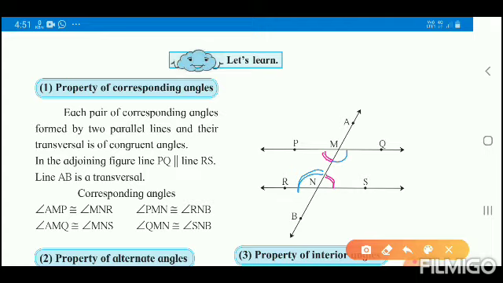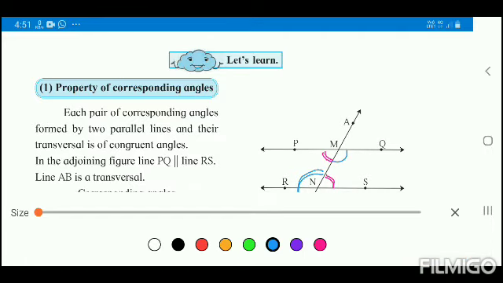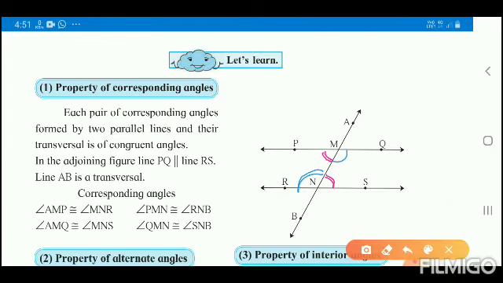Now I will show you the exterior alternate angles pair in the figure. Here the exterior alternate angles are angle AMP, and it is congruent with another exterior alternate angle, that is angle SNB.